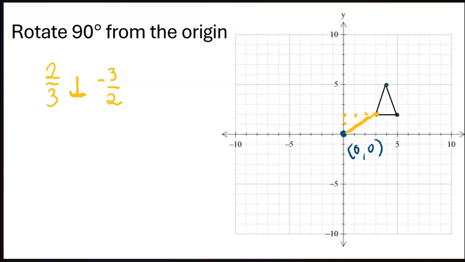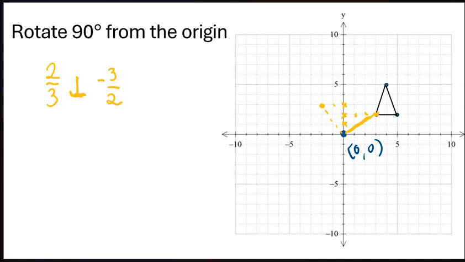From my center of rotation, I'm going to count up 3, 1, 2, 3. Then, instead of to the right, I'm going to count left 2, 1, 2, creating a negative line. I'm going to draw these lines for this example, though typically I don't do this.